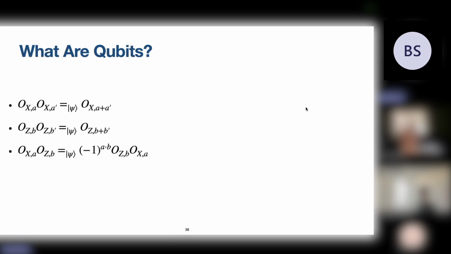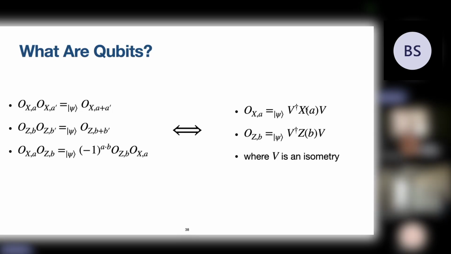If you satisfy all of the equations for a certain state psi, it implies each of these X_A and Z_B, each of the operators you obtained, is isometric to the real X_A and real Z_B for some state psi. And that's how you get the ability to measure a qubit.